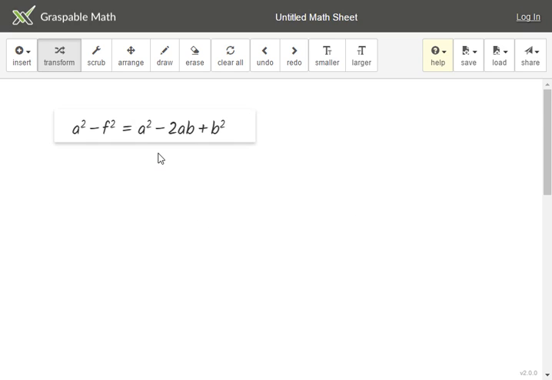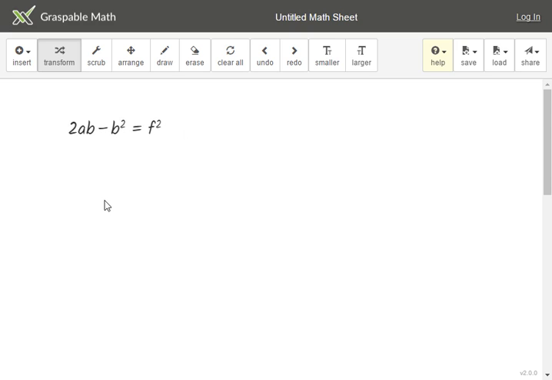So we'd like to know what f should be. We can pull a squared over there. And there we have it. If we can get rid of the minus sign, which I believe we can this way. Right.